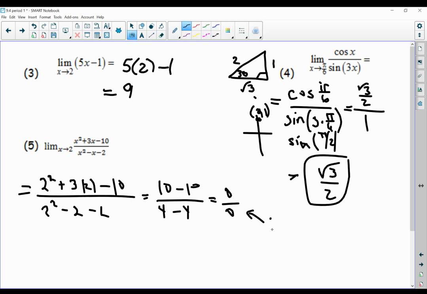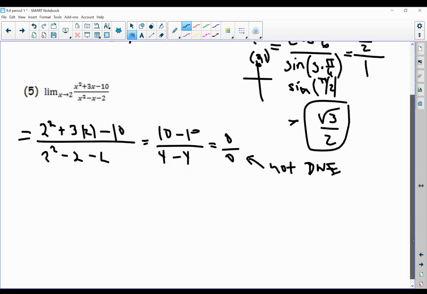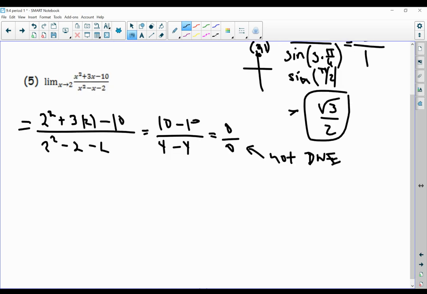So not DNE, it's an indeterminate. So what we need to do is manipulate or think about what we can do to our expression here to maybe simplify it or rewrite it. When this happens, in the next lesson, we'll talk a little bit more about how to deal with indeterminates.